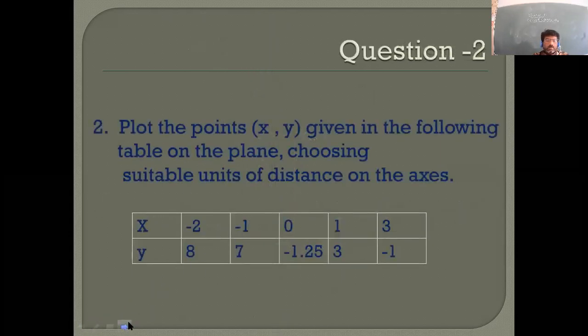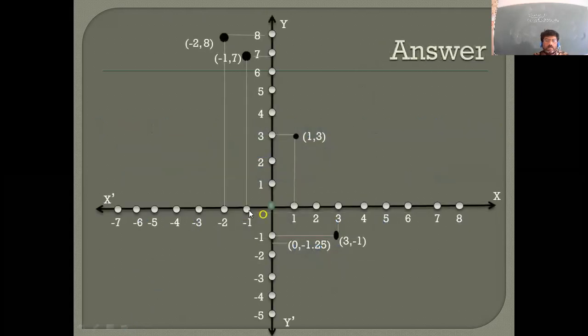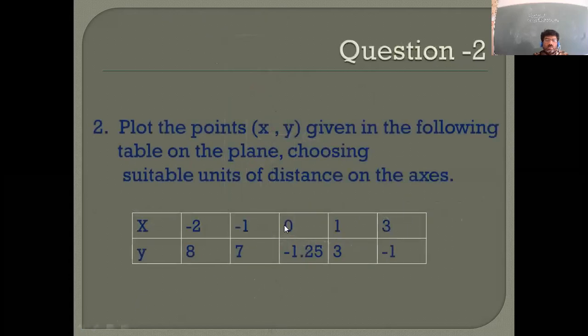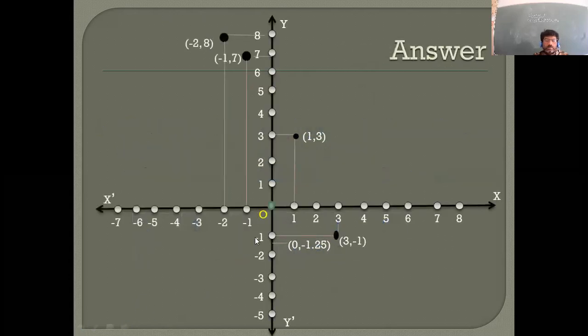Next (-1, 7): x is -1, y is 7. Joining here, you have to mark (-1, 7). Then (0, -1.25). 0 means on the y-axis.